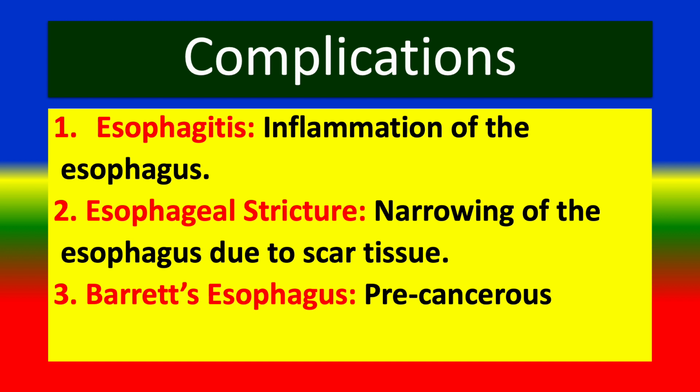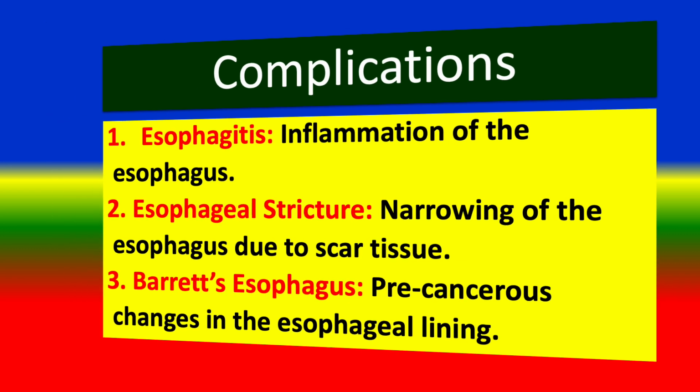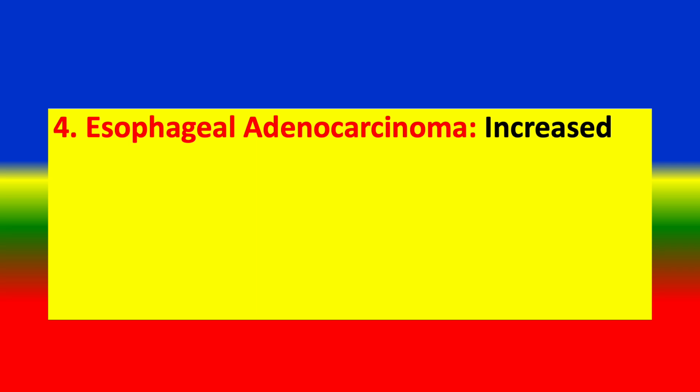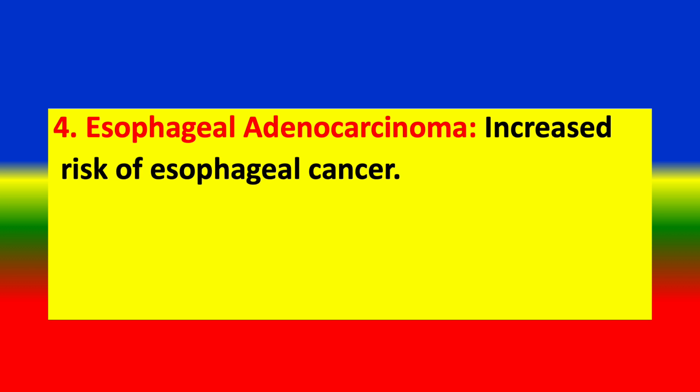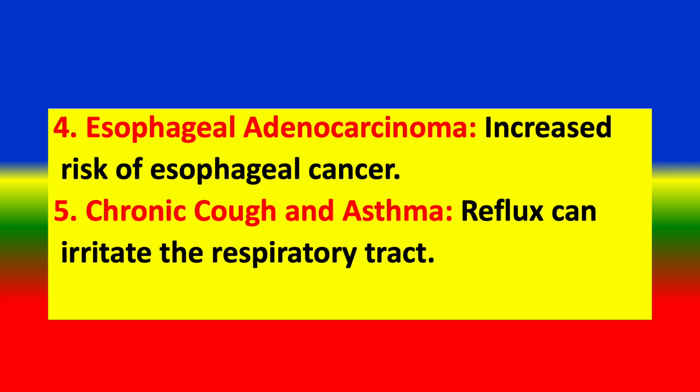Barrett's esophagus, pre-cancerous changes in the esophageal lining. 4. Esophageal adenocarcinoma, increased risk of esophageal cancer. 5. Chronic cough and asthma, reflux can irritate the respiratory tract.